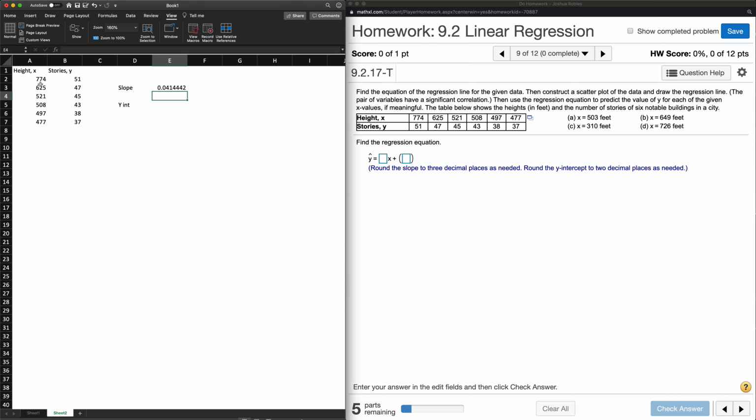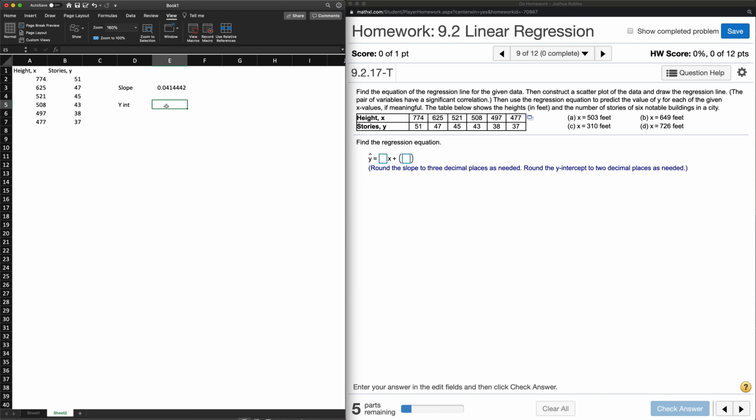So every foot in height increases the amount of stories by 0.04 stories. And we could maybe change that ratio a little bit to make that make more sense. But that is the idea and how to interpret the slope. If this were negative, then the amount of stories would just go down.